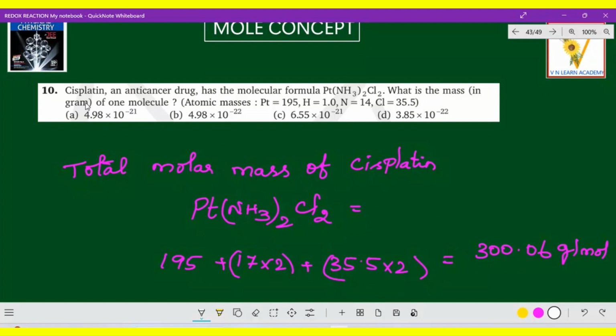What is the mass of one molecule of this anti-cancer drug? Option B is the correct option, 4.98 into 10 to the power of minus 22. I hope you got the clarity. Generally they will ask such kind of questions. I hope you understand all these questions, and thank you for watching. The next question in our next video, and till then, thank you.